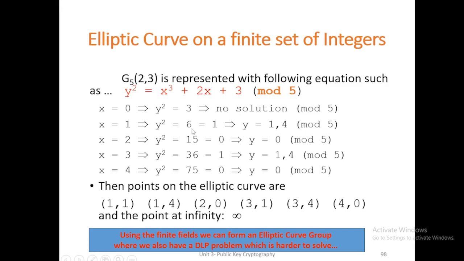So instead of 6, if I put 16, the answer is the same. If y squared equals 16, y is equal to 4, and the number 4 is also less than 5. So the possible y values for x equal to 1 are y equal to 1 and y equal to 4. So there are two possible values for x equal to 1.